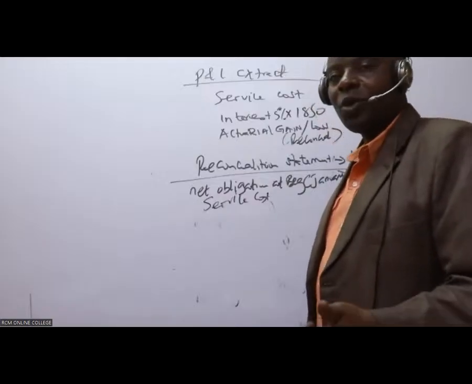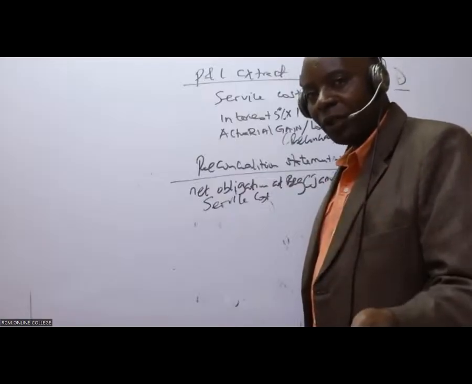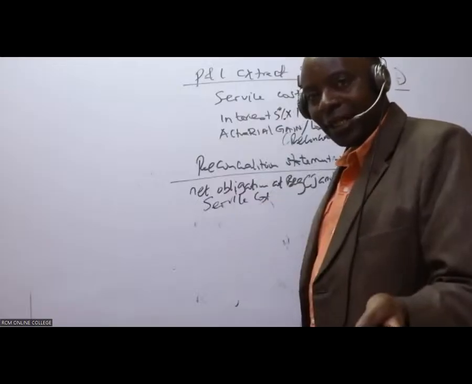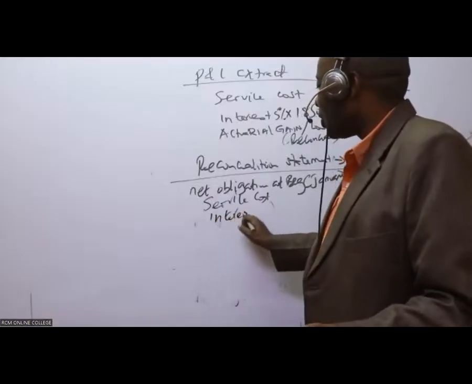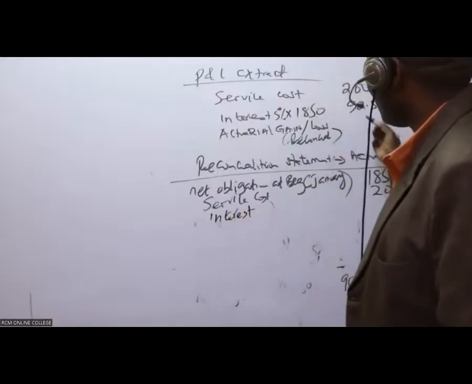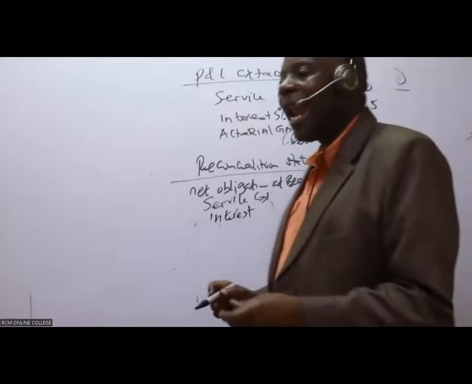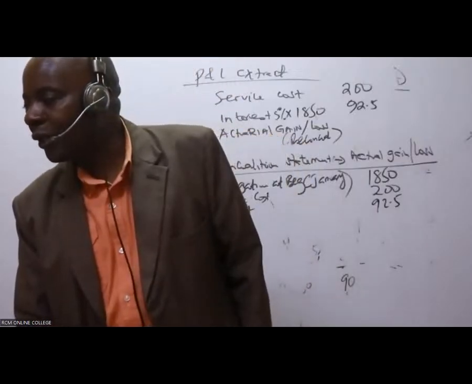Because I owe these guys, especially if I owe them at the beginning of the year, during the year, of course, their money must earn interest. So in this case, add the interest earned. The interest earned, already you have the figure, which is 92.5. What else am I going to work with?